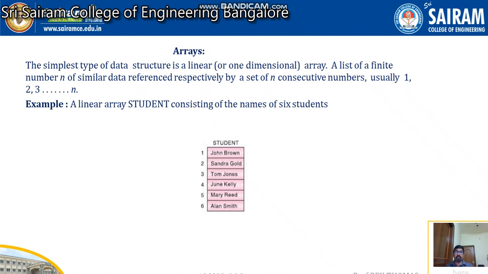As you could see in the screen, look at an array called student, which consists of 6 students. Normally your array starts from 0, but in the picture it starts from 1. So in some programming languages your array index starts from 1, whereas in C and C++ your index starts from 0. So please remember this. So I repeat, what is an array? Array is a collection of similar data items.